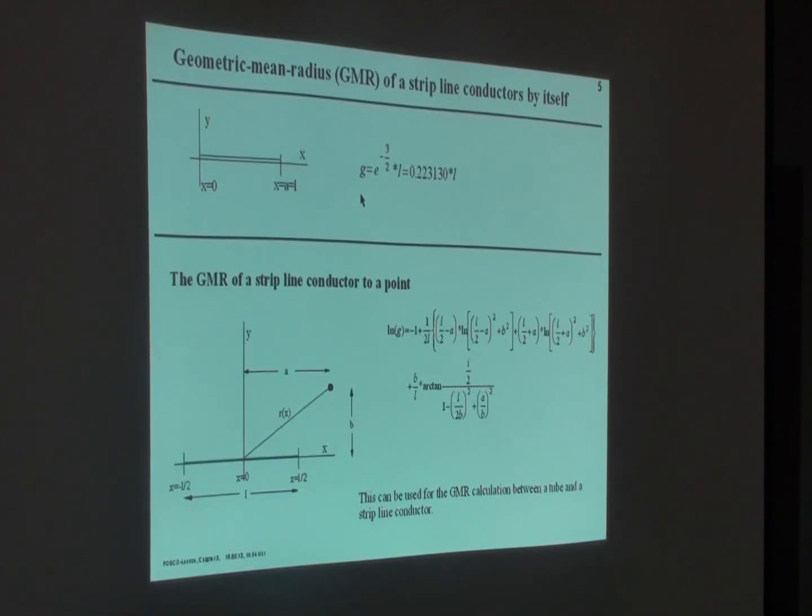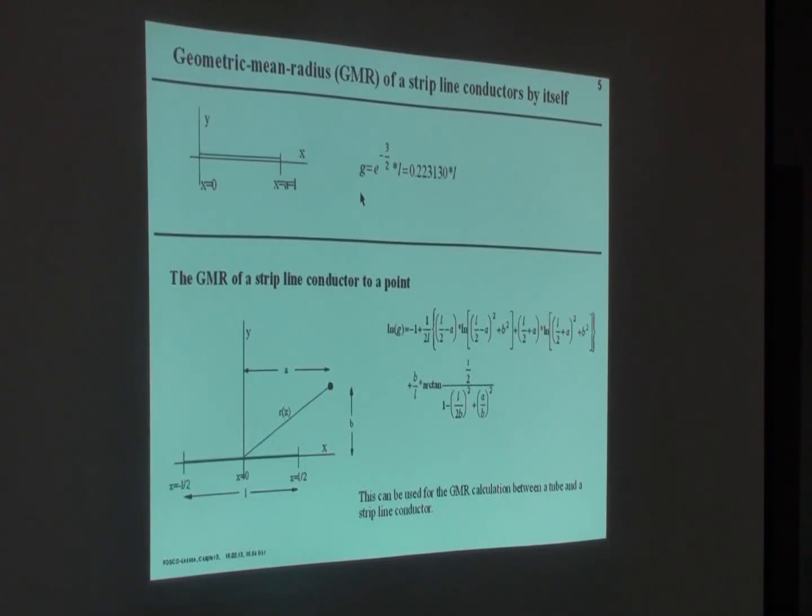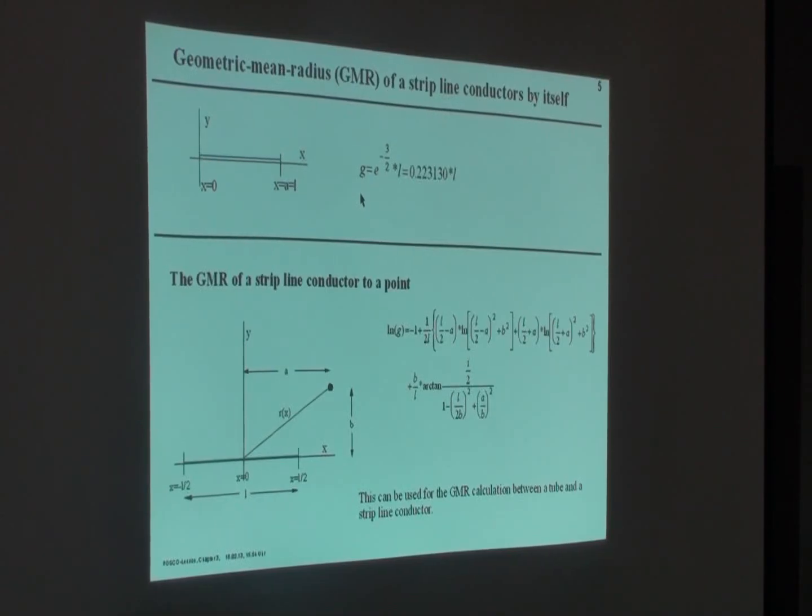And if you calculate this value a little bit wrong, the reactance between these two parts is very small, and the mistake you make is very small. So you have to calculate one geometric mean radius between these two. It may be that they are here, or here, or here, and so we have to calculate from a point to a strip line conductor. The geometric mean radius. And that's the formula therefore.